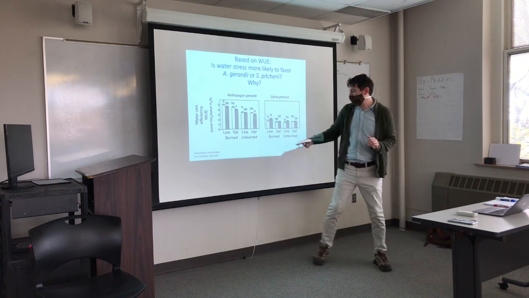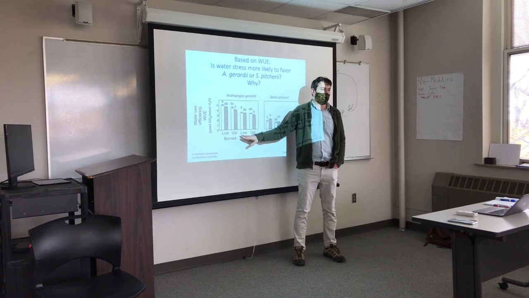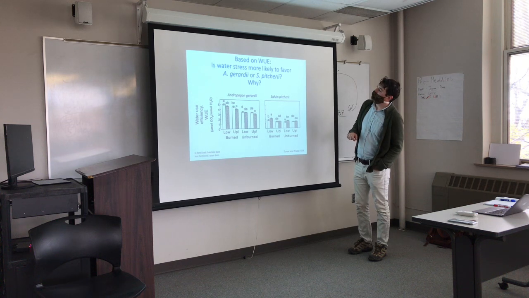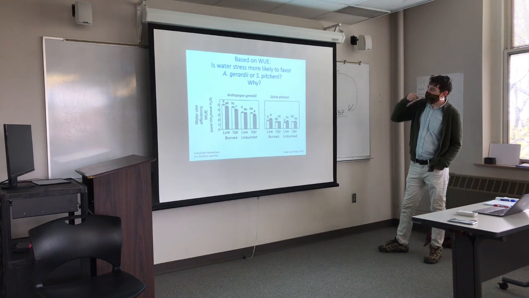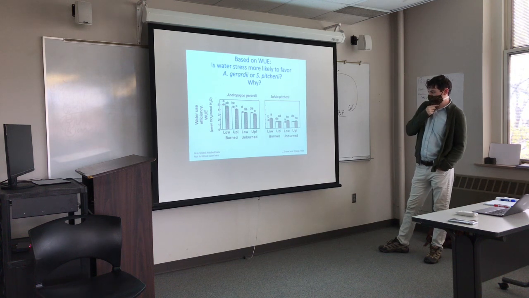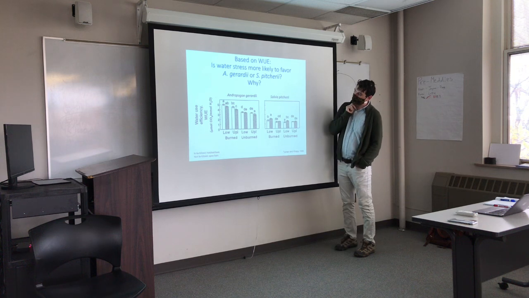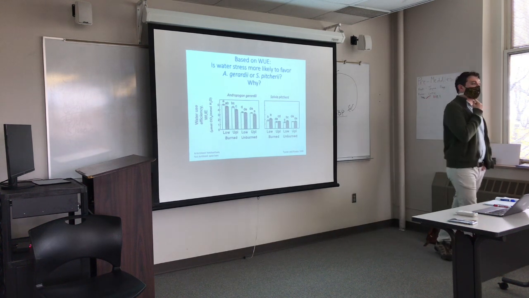Yeah, so down here in the lowlands, there's less water stress, and upland's going to be more water stressed. So, is water stress more likely to favor Andropogon gerardii or Salvia? And I guess another way to ask this is, which one's going to have higher water use efficiency?